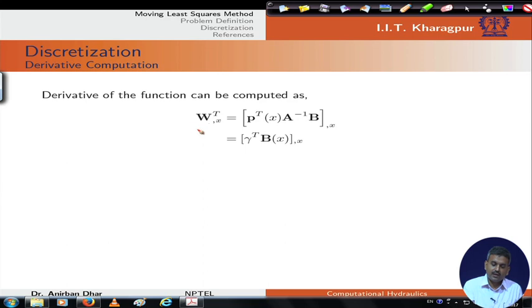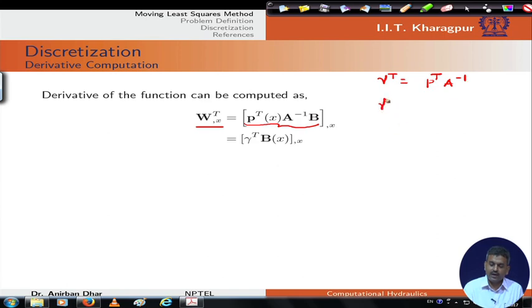So, let us represent this W transpose x as p transpose x A inverse B, and we need to differentiate this whole thing with respect to x. So, let us reduce this full expression into two parts. First term, let us write it as gamma transpose. That means gamma transpose equals P transpose A inverse.